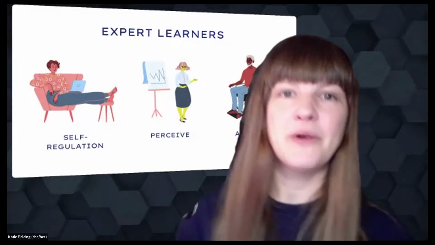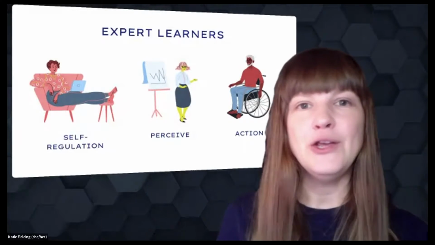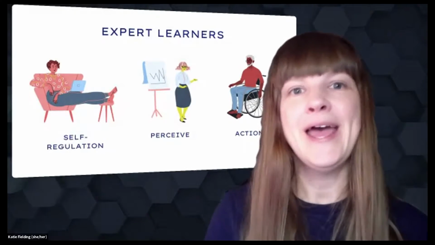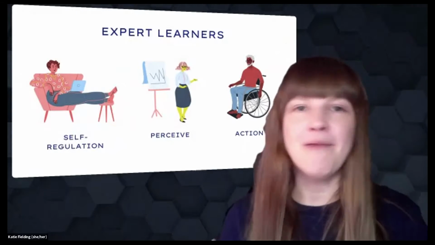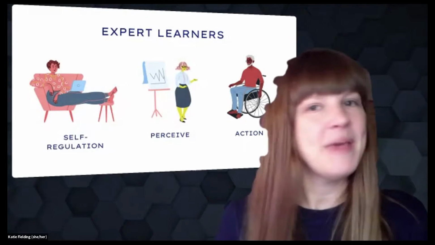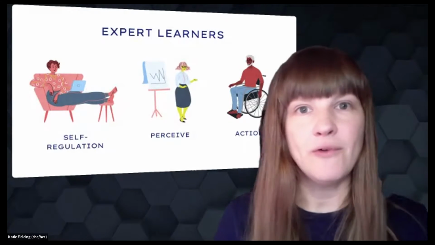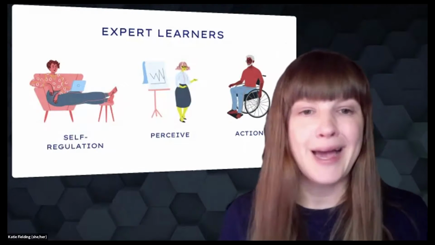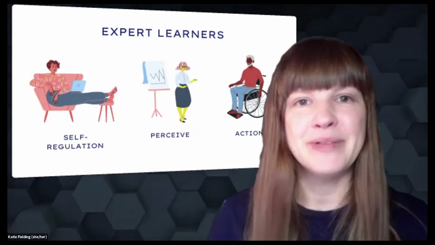I just also want to remind you that you today are an expert learner and you should practice those Universal Design for Learning expert learner qualities, which are self-regulation. So get comfortable, sit and be in a space that is conducive to your learning. Perceive what's helpful to you. So if it helps you to look at my slides or my resources while I'm talking and not look at me, that's completely fine.